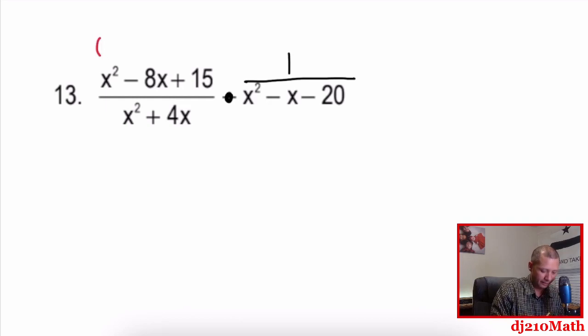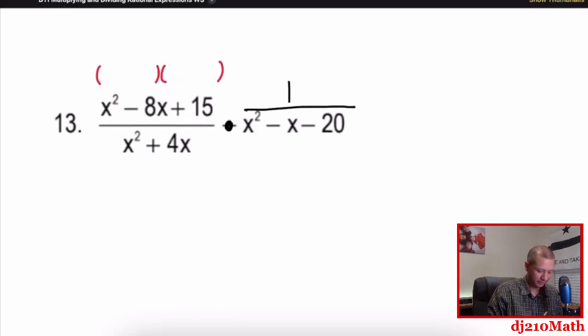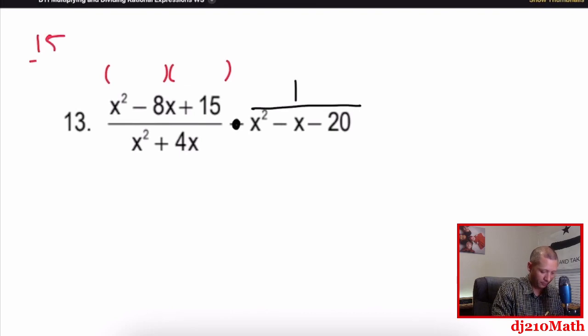Okay, factoring the top left. Positive 15 multiplication, and adds up to negative 8. So 3 and 5. Since it's negative, they're both negative. So x minus 3, x minus 5.